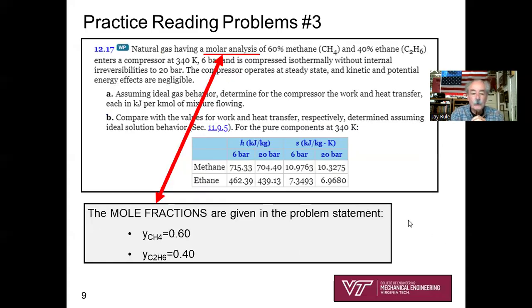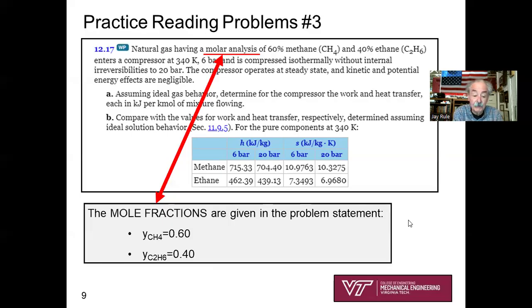Okay, here's problem 12.17. Natural gas has a molar analysis, or a volumetric analysis, of 60% methane, 40% ethane, and it enters a compressor, and you're asked to solve this problem. So when you read through, it says molar analysis.